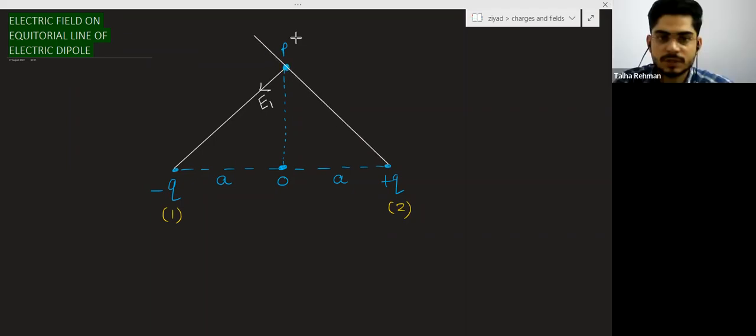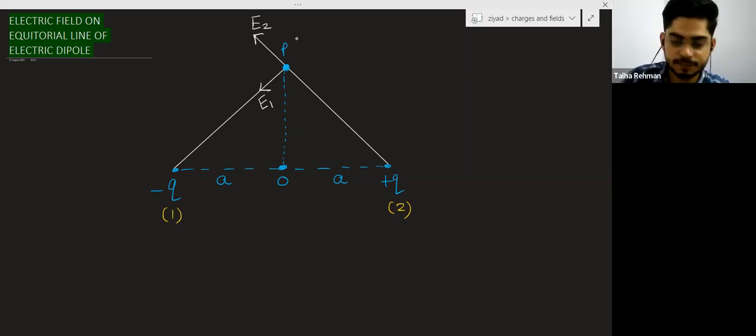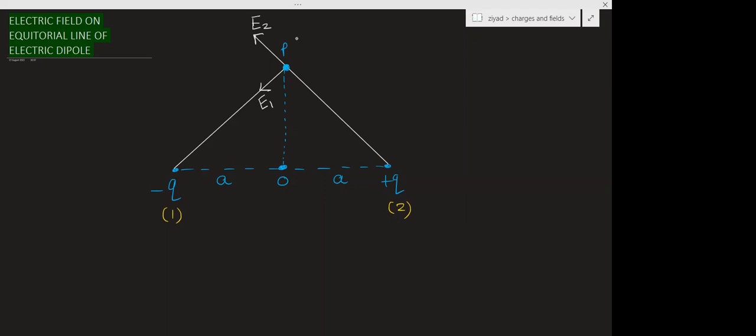Now see this. This is the positive charge, and at this point, due to this positive charge, the direction is in this direction. This is E2. Now this thing is clear.